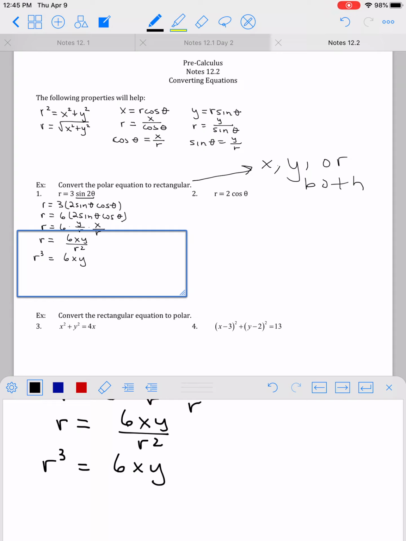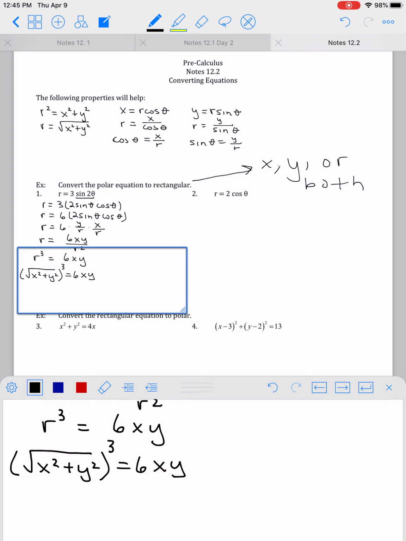So this right side looks good because there's x and y. Now we're going to substitute in for r. If we look at the menu above, r is the square root of x squared plus y squared. And then we're going to raise that to the third power.